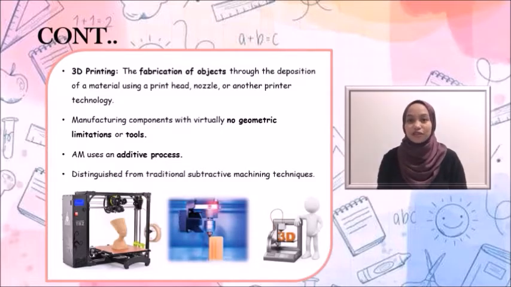Besides that, additive manufacturing uses an additive process, like laying down successive layers of material to create an object. Last but not least, it is distinguished from traditional subtractive machining techniques. It means 3D printing enables you to produce complex shapes using less material than traditional manufacturing methods.